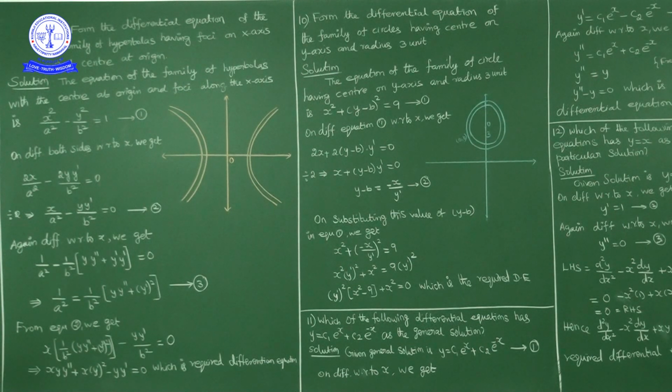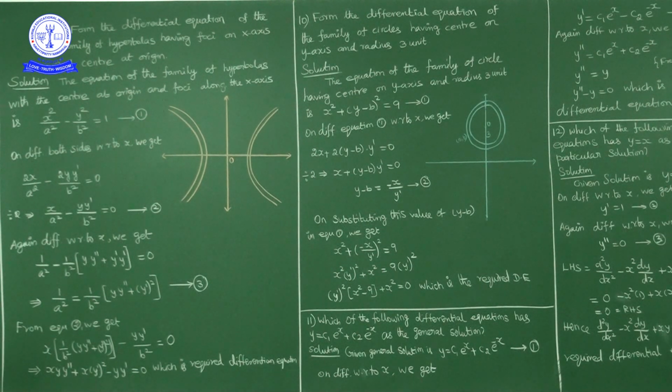Okay, next question. Question number 10. Form the differential equation of the family of circles having center on the y-axis and radius 3 units. So for center on the y-axis, consider any point (0, b) as center and radius 3 units.